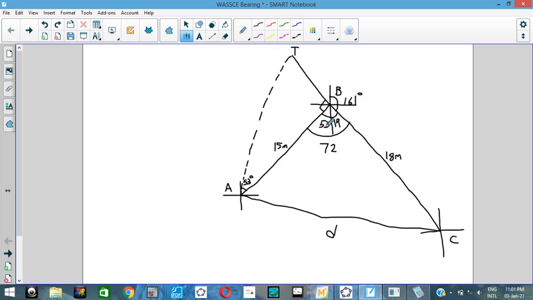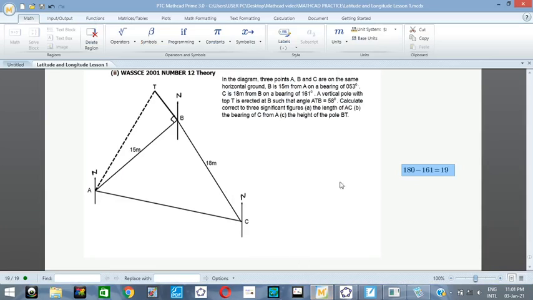Then remainder 1 plus 5 is 6, plus that one 7, so 72 degrees. So now that we have this angle at point B and it's facing D, we can use our cosine rule, and the distance AC, which is represented as D here, will be solved without any issues. So let's solve this one and move to the next part.